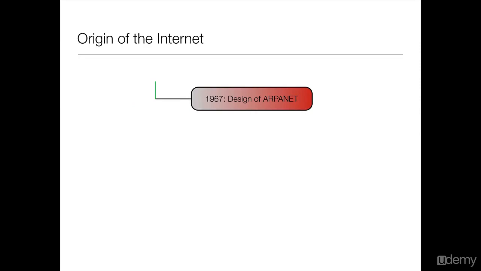Going back to the origin of the internet, well known, so I'll gloss over this quite quickly. For defense reasons, the ARPANET was designed, key design released in 1967, and that evolved as a network across the USA.